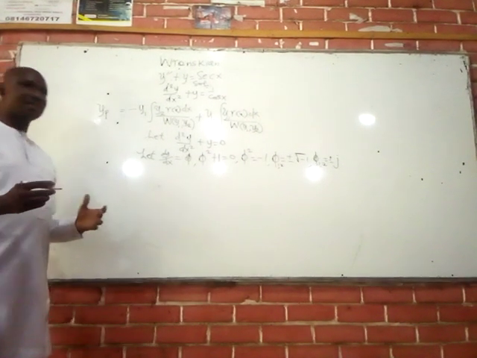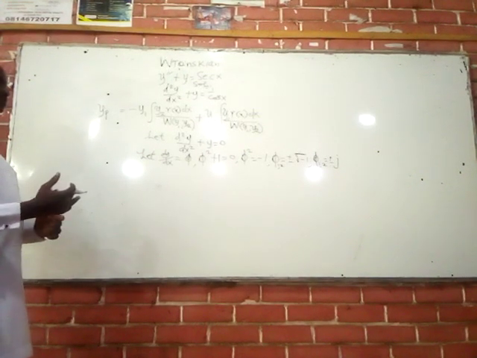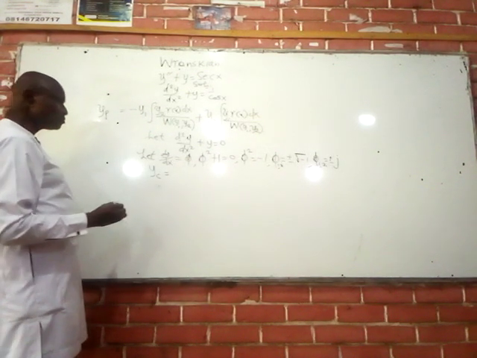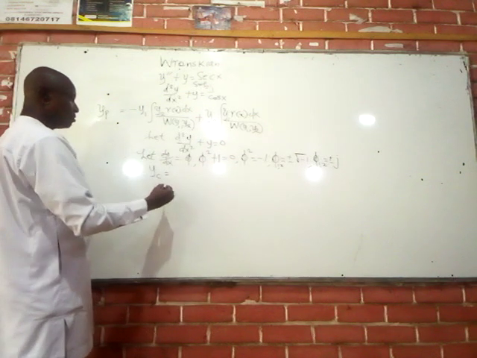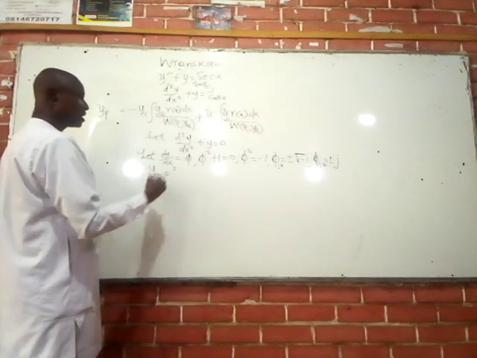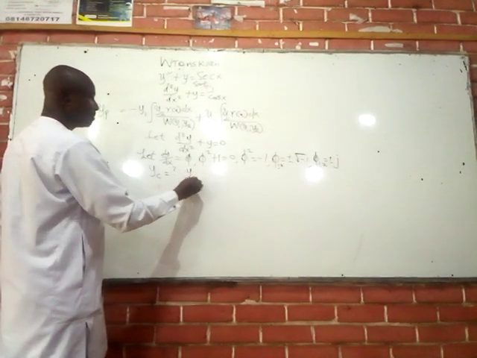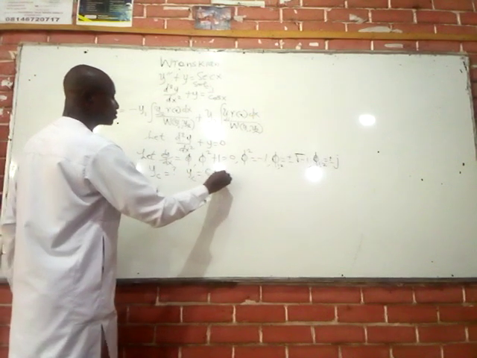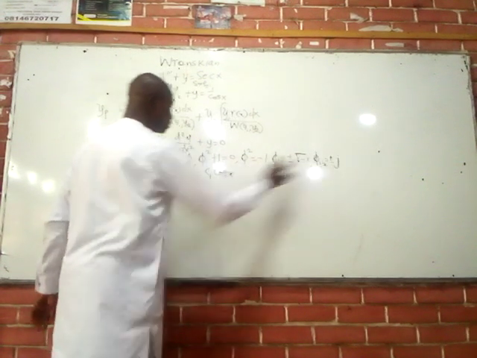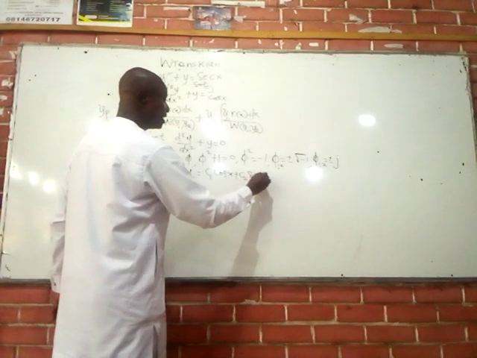Now, take note that the connotation of this expression can be implied with respect to a homogeneous relationship of a complementary function solution, which is y complementary equal to c1 cos 1x, which is cos x, because 1 is the imaginary part and the real part is 0, which is exponential 0 to cover up, plus c2 sine 1x, which is sine x.